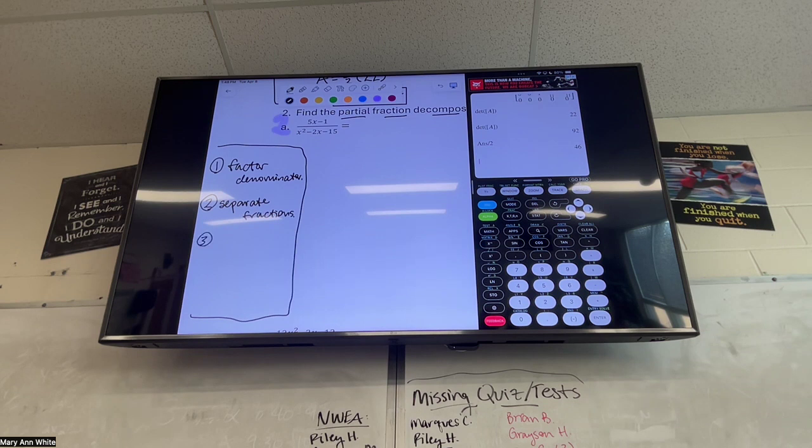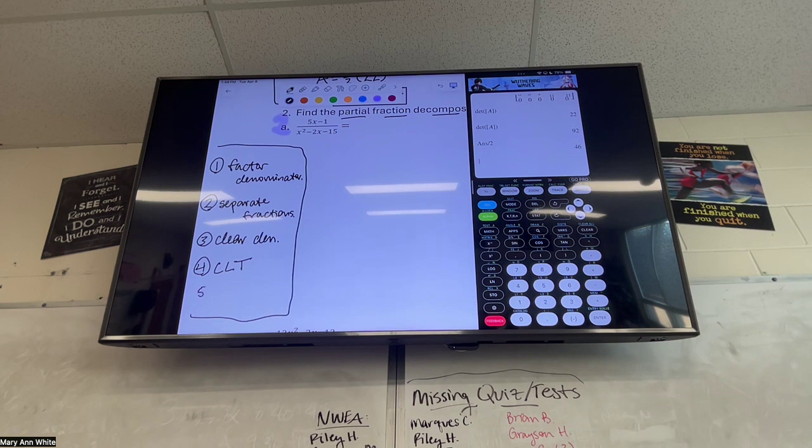Once we've separated those fractions, we're going to clear the denominator. We did this back in chapter 2, I think, where we had a fraction equals a fraction plus a fraction. And you just completely clear the denominator so that we're able to work from there. Clear the denominator. Then we want to combine like terms so we can start solving. Combine like terms.